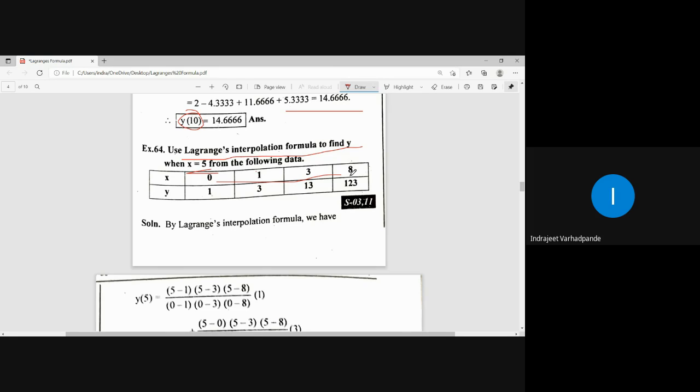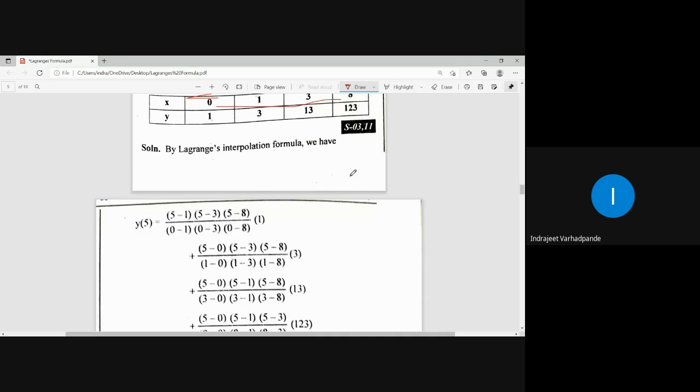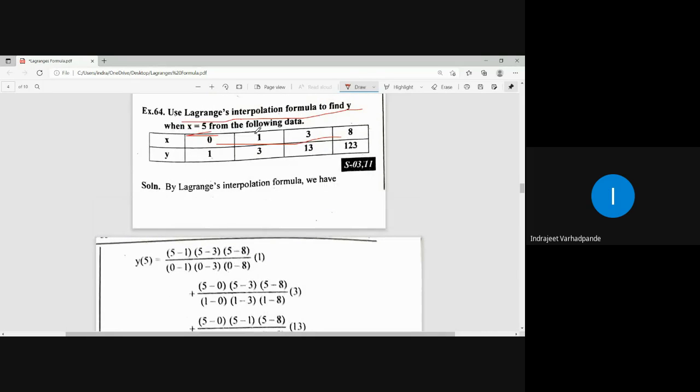So by Lagrange's interpolation formula, I will be writing down x minus x1, x minus x2, x minus x3. At what value do we have to find it? 5. So 5 minus 1, 5 minus 3, 5 minus 8, replaced in the denominator by, sorry, we are writing for x0. So it will be 0 minus 1, 0 minus 3, 0 minus 8 multiplied by the functional value 1.